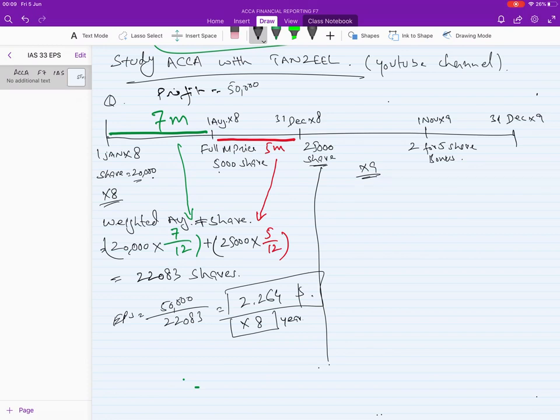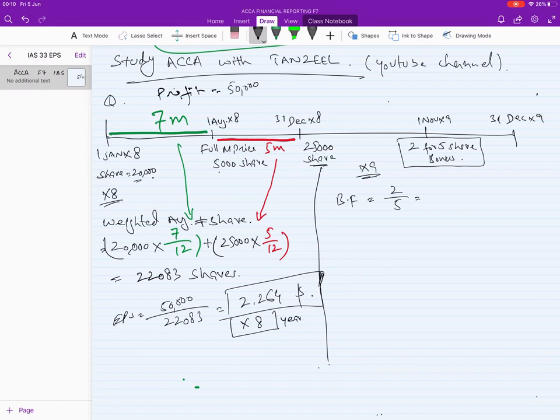Last year's closing balance will be the opening balance for this year. Now we will calculate the EPS here, with the weighted number of shares. First we have to calculate the bonus factor. Whoever has 5 shares will get 2 for free.